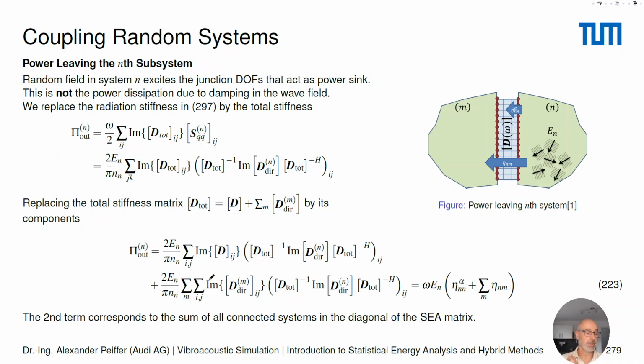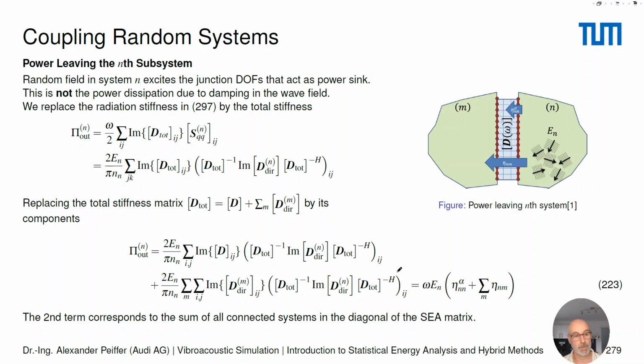Rearranging things a little bit and sorting out the other points, we have quite an interesting result. First of all, we have here the stiffness part, which is the former version, plus a term that is exactly the same as before, because that's nothing else than the coupling loss factor from the last slides.